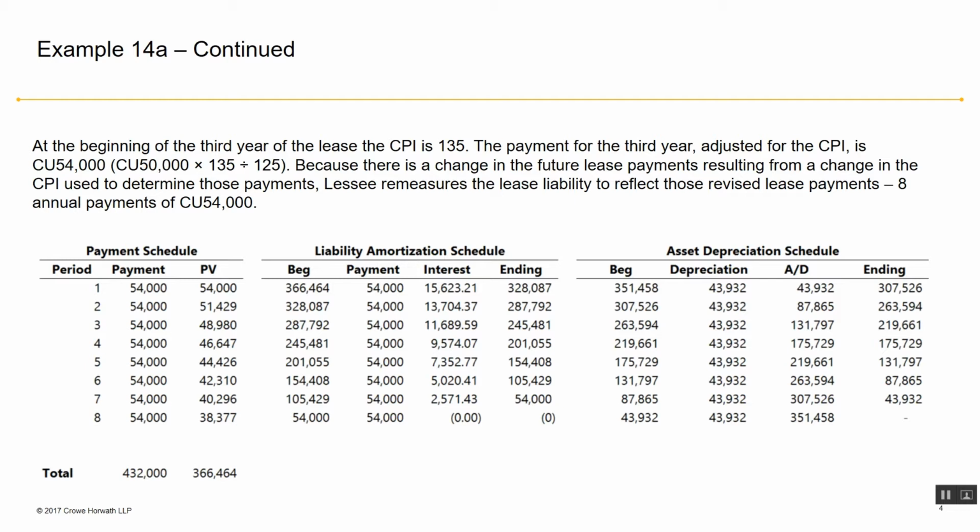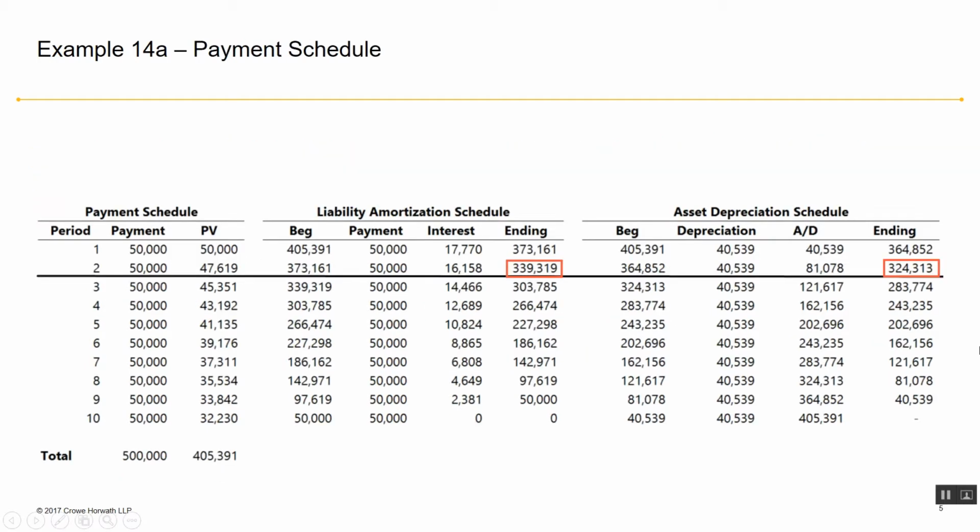From this, a new payment schedule, liability amortization schedule, and asset depreciation schedule can be generated for 8 periods of 54,000 currency units, with a present value of future minimum lease payments of $366,464, which is the beginning balance of our liability amortization schedule. And we see that the beginning value of our asset depreciation schedule is $351,458, and so we can see how we came to that number.